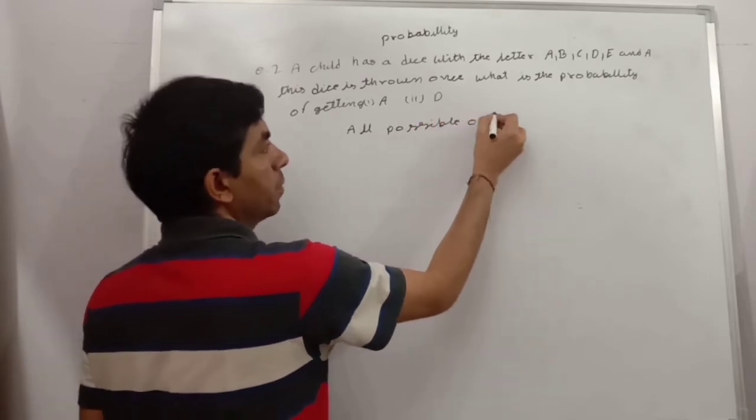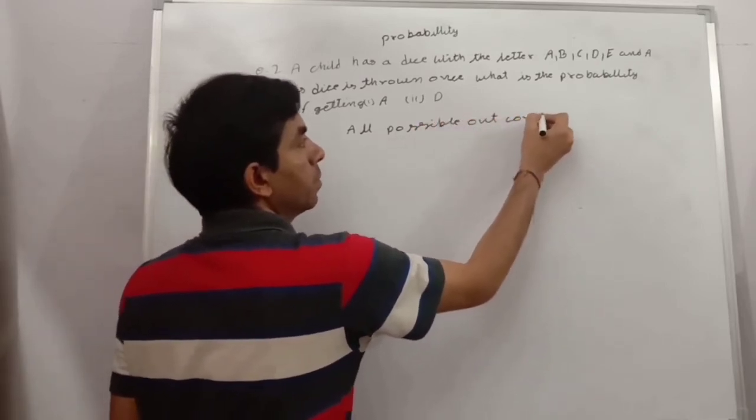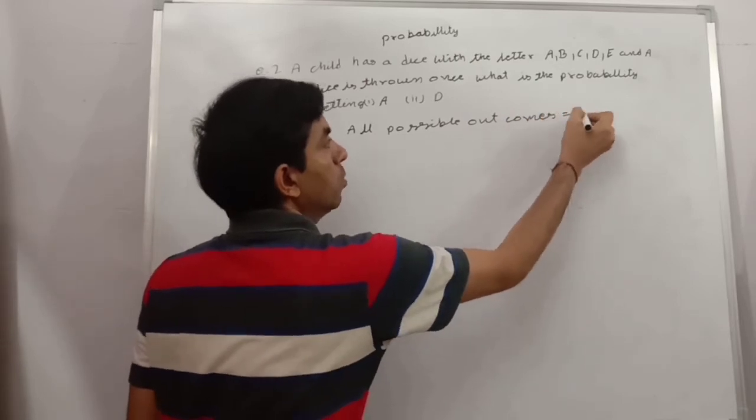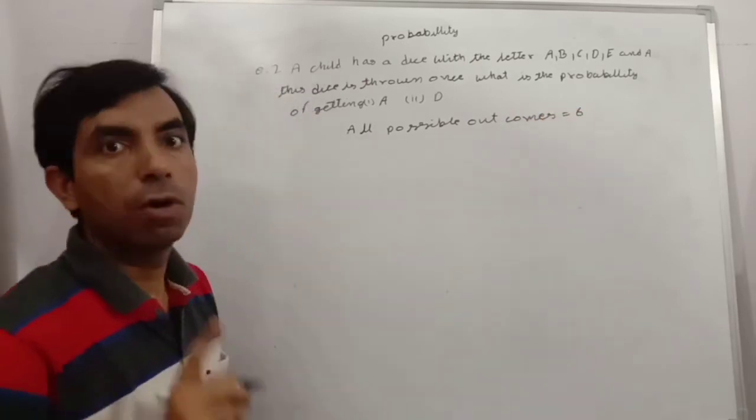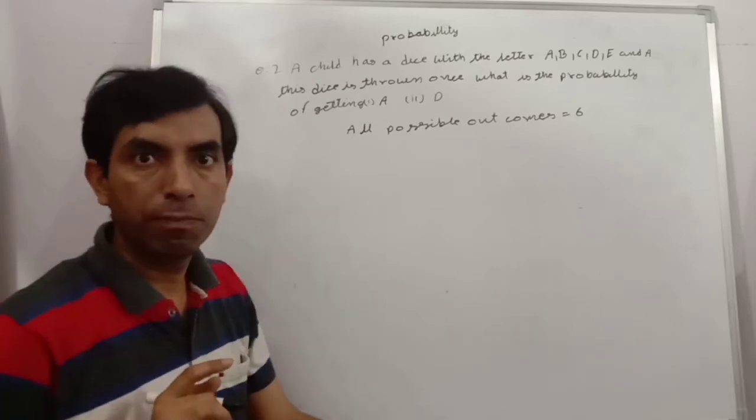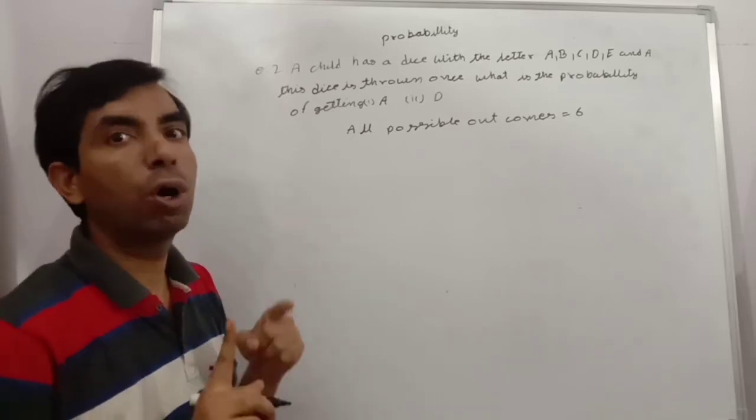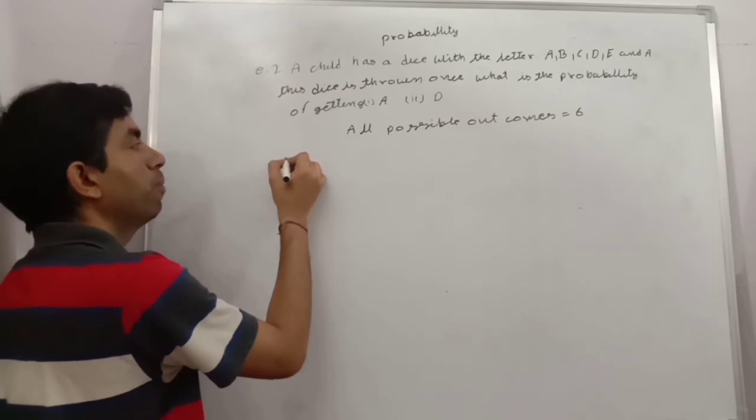All possible outcomes is equal to 6. Next, we write the number of favorable outcomes.